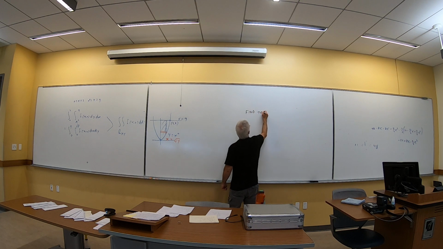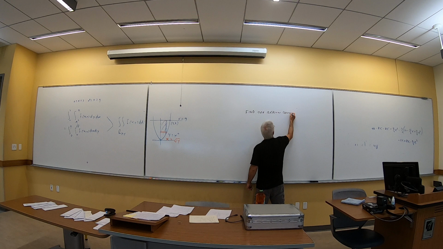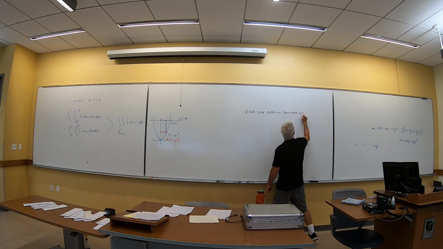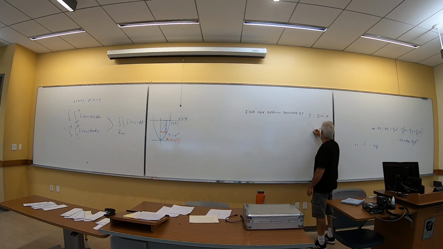Find the region bounded by y equals the inverse sine of x, y equals pi over 2, and x equals 0.